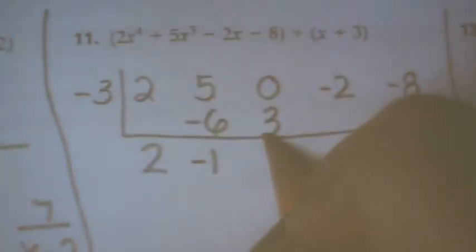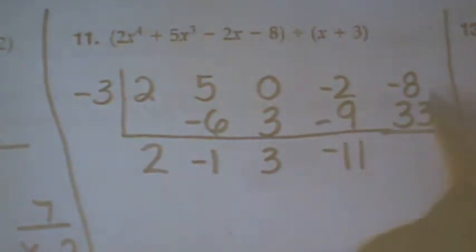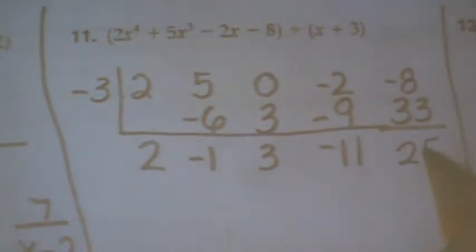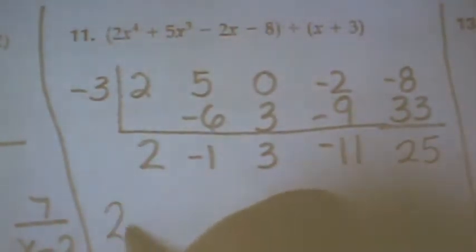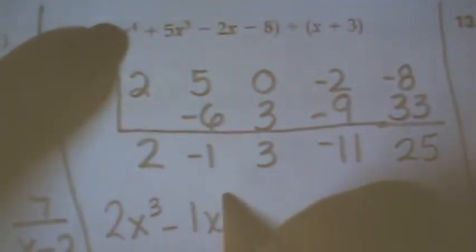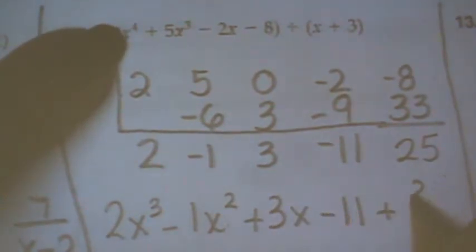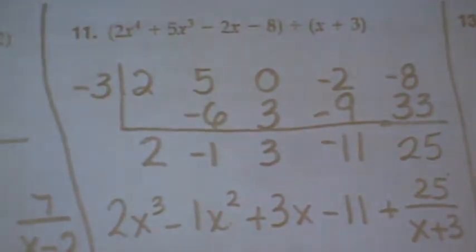Then multiply it. What's that? 25. So what's my answer? 2x cubed minus x squared plus 3x minus 11, 25 over x plus 3.